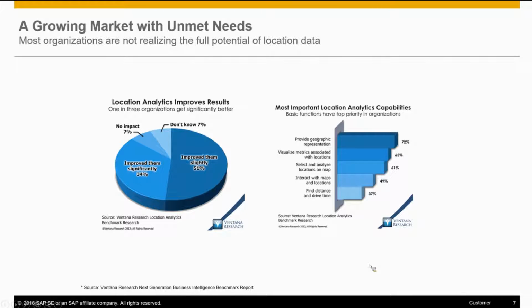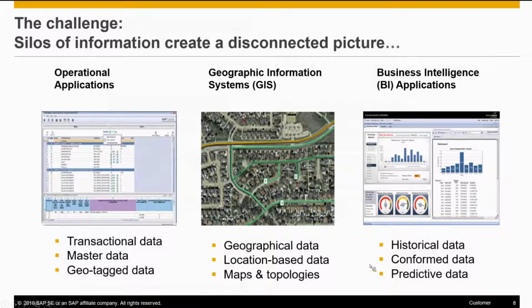So there are a number of challenges, and I've already begun to allude to this in that traditionally we have many silos of information, and this is especially true in the GIS space, not only in the traditional landscape of analytical data, but even more so in the GIS world, where we have our traditional operational applications with our transactional data.